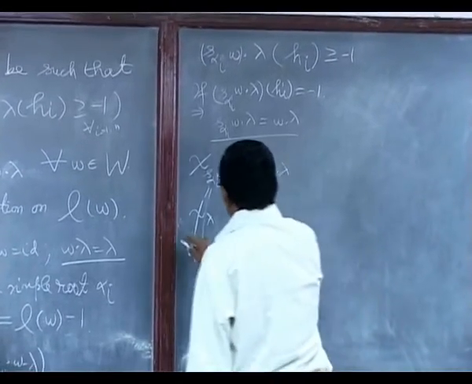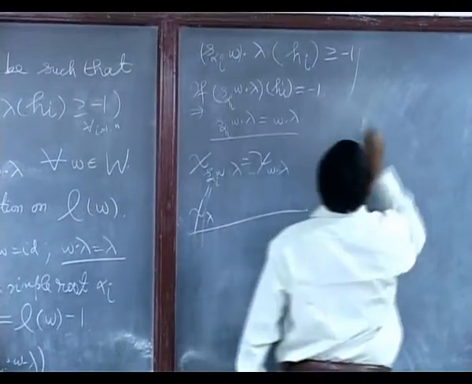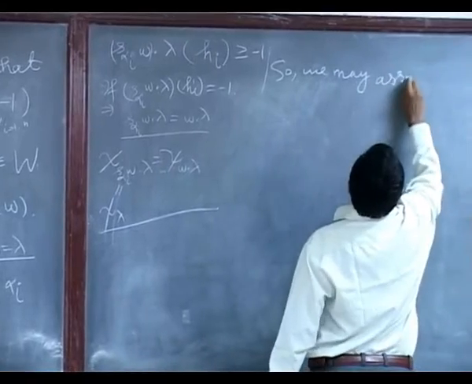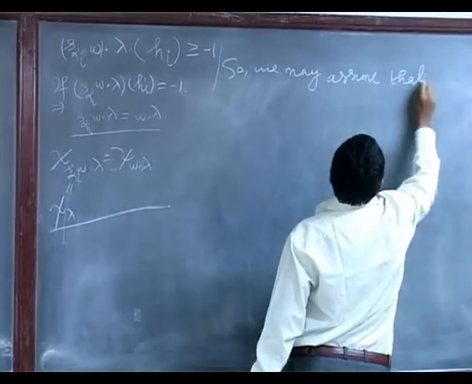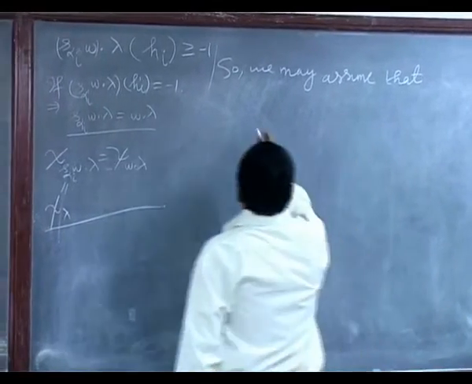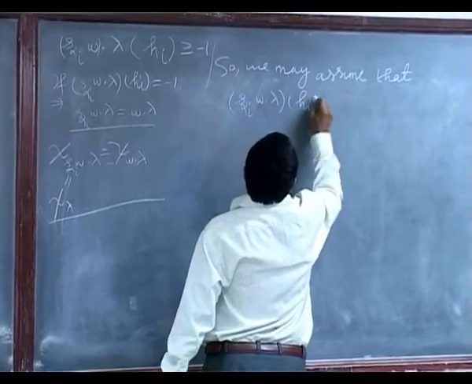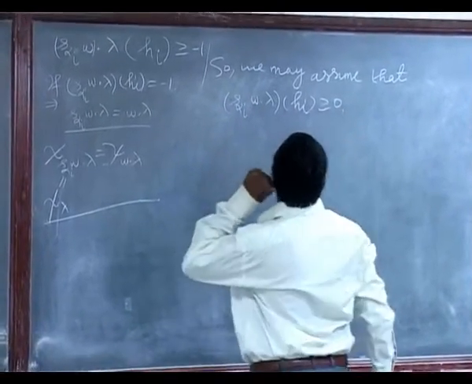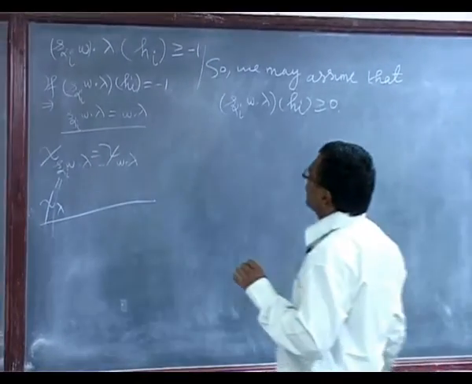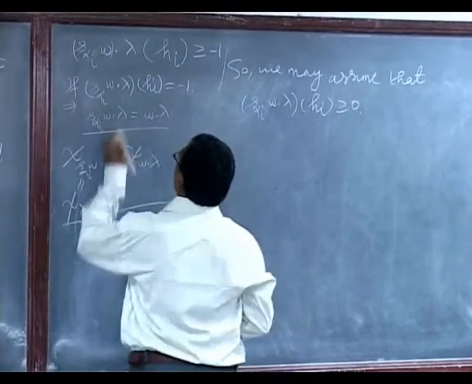So we may assume that s_alpha_i w dot lambda of h_i is bigger or equal to 0. Sorry, let me do this a little carefully here.